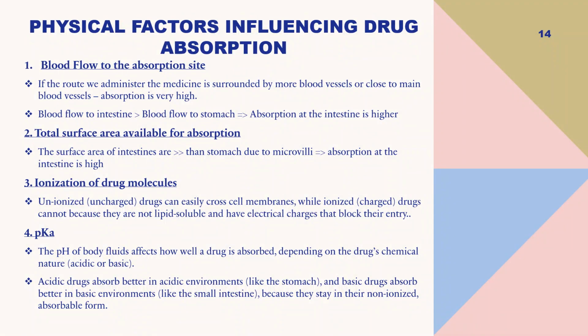The second one is total surface area available for absorption. So the first one is how many blood vessels there are at the site, and the second one is the total surface area around the medication administration site. For example, the surface area of the intestine is very high when compared to the stomach.